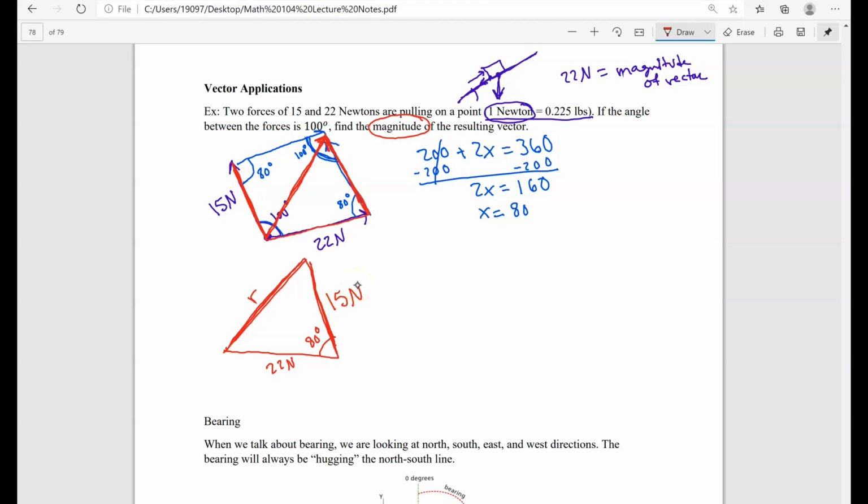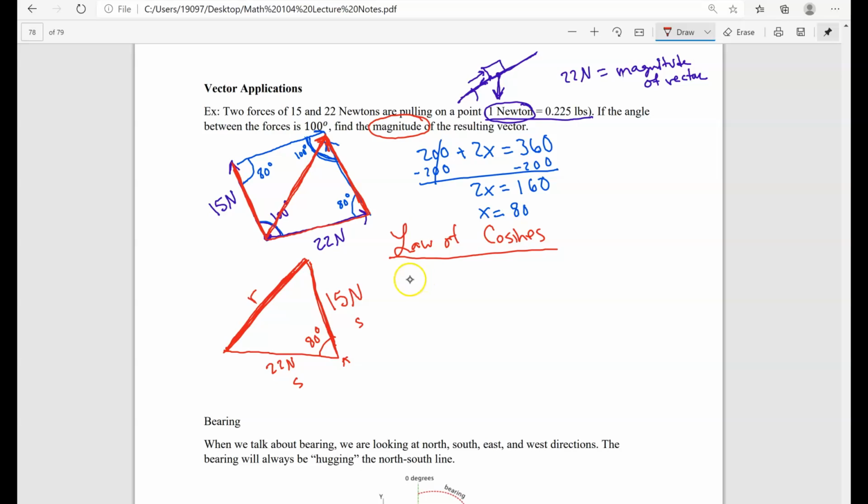So how can we solve this? Well, look at this. This is a side angle side problem. Okay, so side angle side means that we have the law of cosines. So we're going to use law of cosines here. The law of cosines says that I can figure out what the side is by looking at the other two sides and this angle.